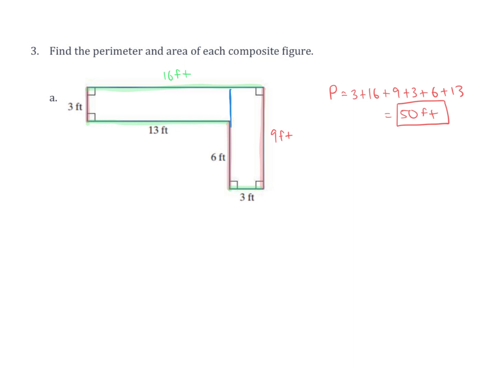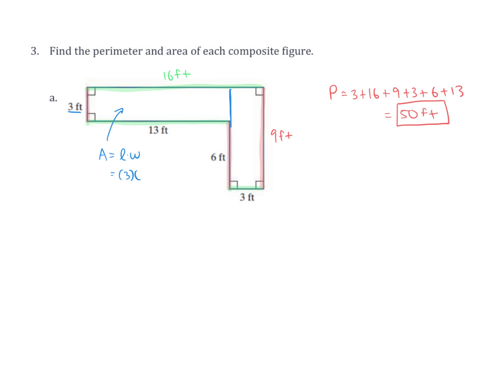I have 2 rectangles in this figure, and I need to find the area of both of them and add them together. So I'll start with this one over here. The area of a rectangle is length times width, so I need to find its length and width. One of its dimensions is going to be 3. And the other, I have to be careful when I select either the 13 or the 16.